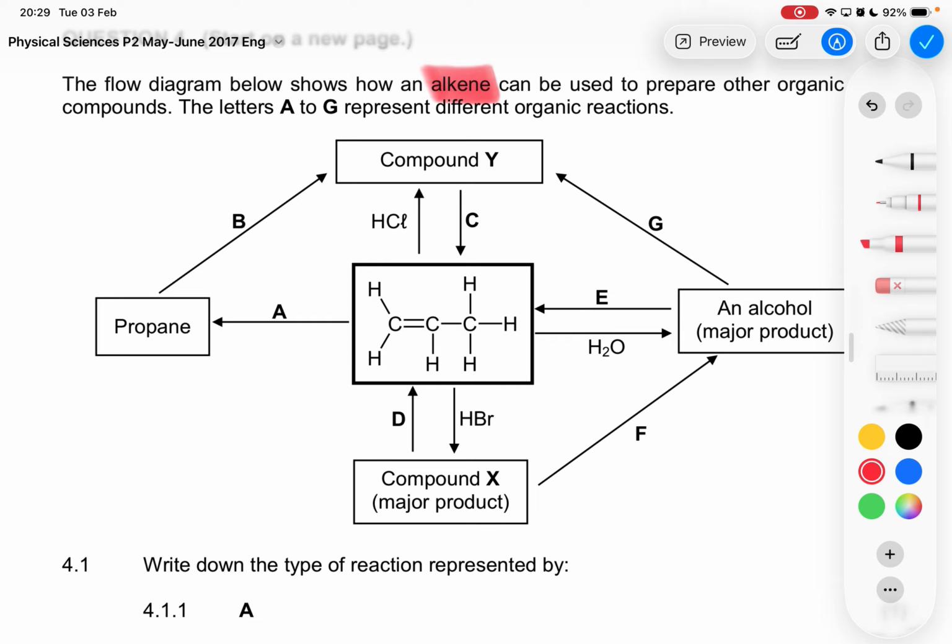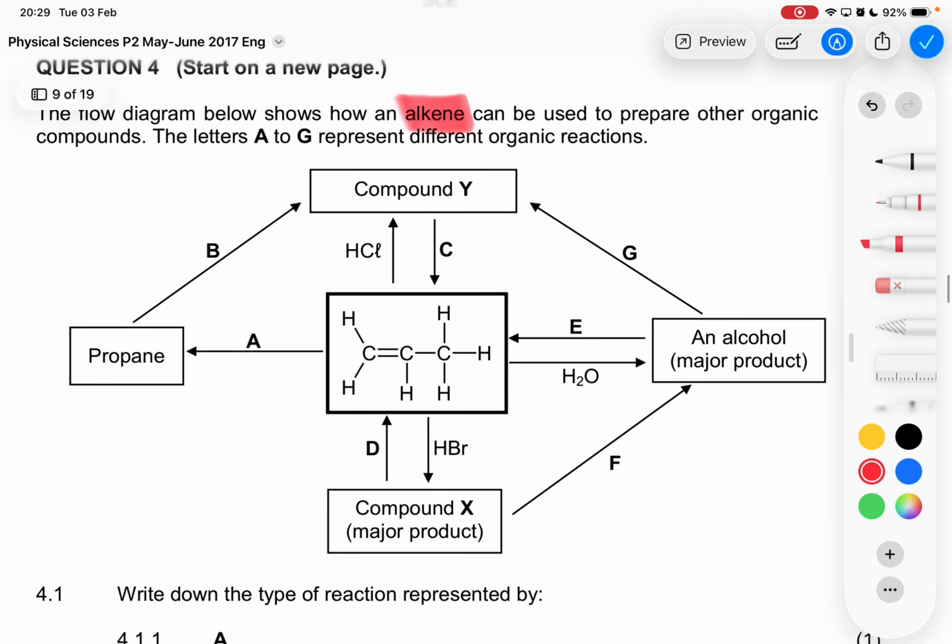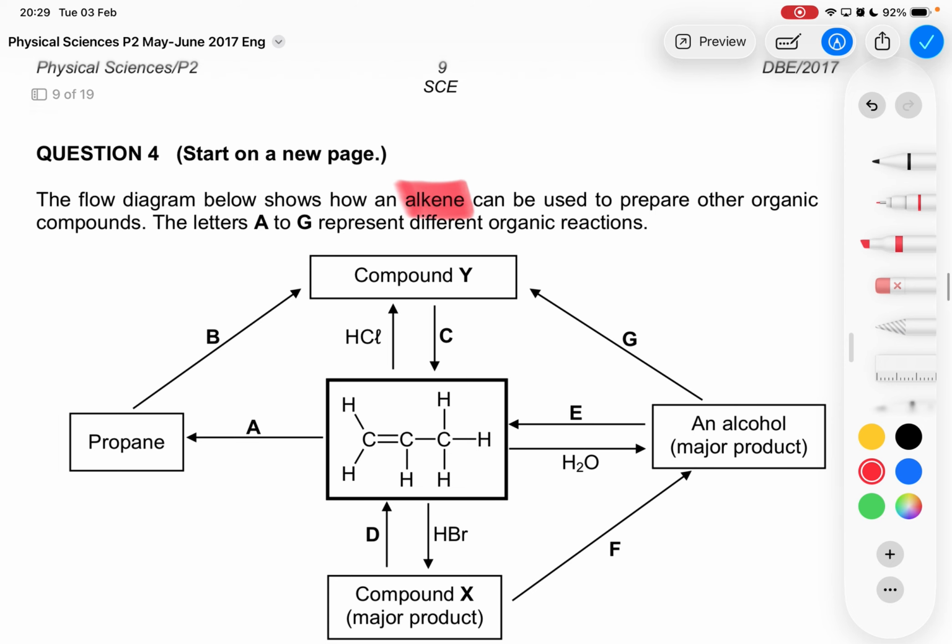So once we talk about an alkene, you need to know what that is. An alkene is a hydrocarbon, that's number 1, and it is unsaturated.